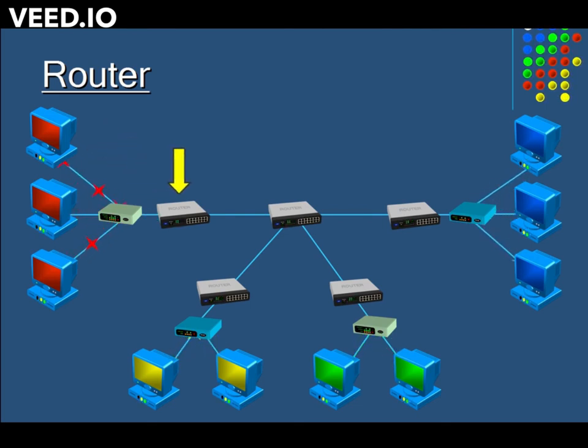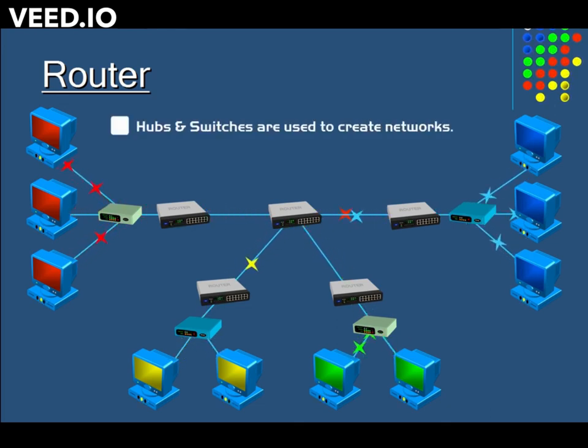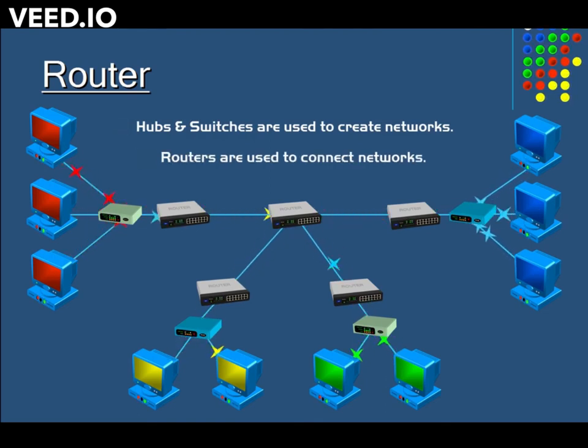Once the data packet reaches the router, it will look at the IP address of the data packet and then forward the data out on the internet to the next router, and then make its way to the blue network's router, and then to the intended destination computer. So in a nutshell, this is how routers work. In conclusion, hubs and switches are used to create networks, while routers are used to connect networks.